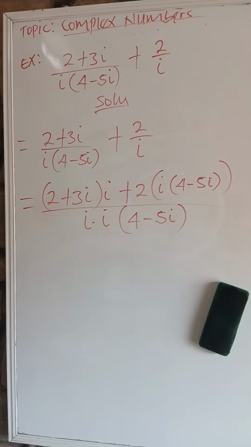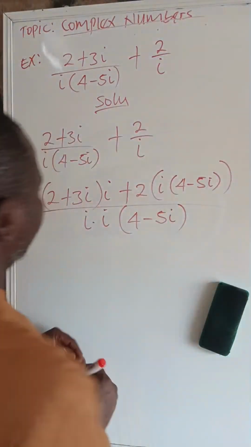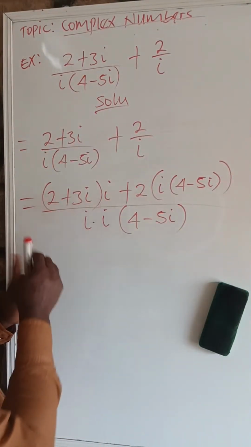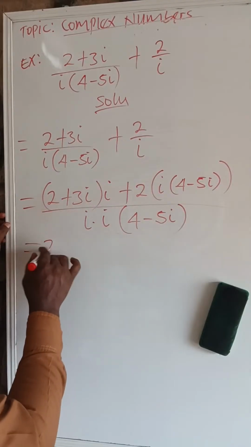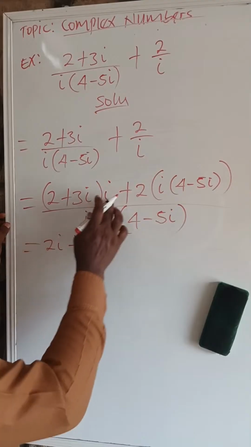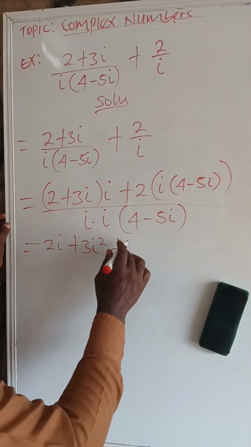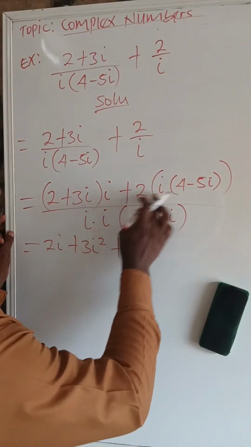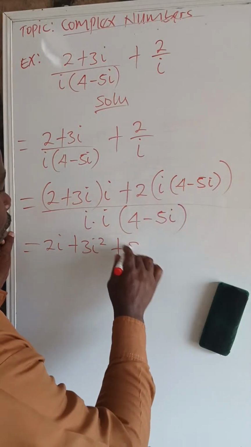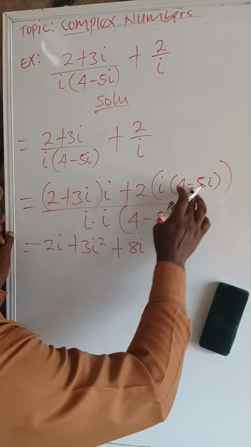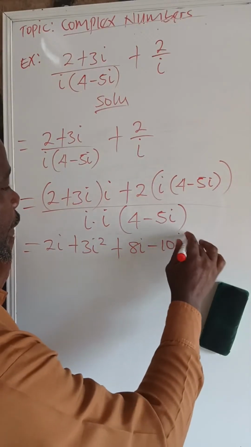So if you agree with me, it means we open this bracket here. This times this is 2i plus this times this 3i square, plus use this 2 to multiply, 2i times 4, 8i, 2i times minus 5i, minus 10i square.